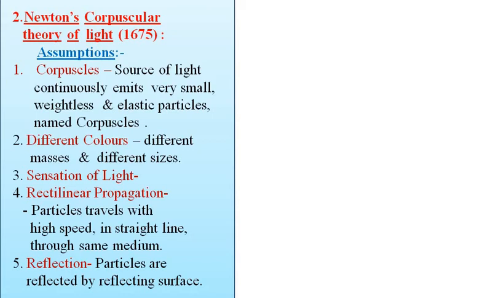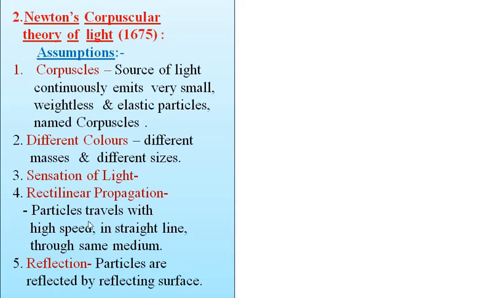According to Newton, the different colors of light are due to the different masses and different sizes of the particles. When these particles enter our eyes, we get the sensation of light. The particles travel with high speed in a straight line through the same medium.